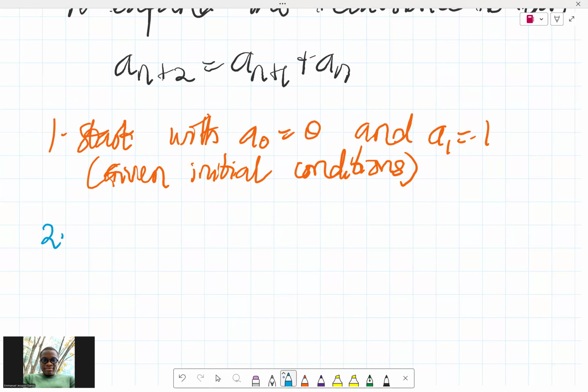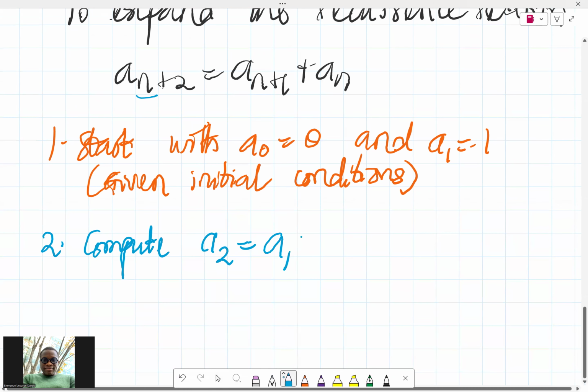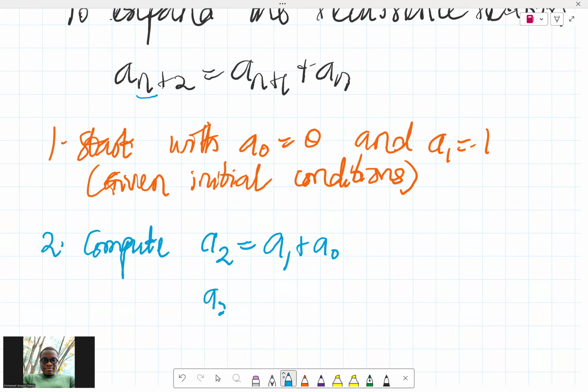In step 2, you compute a2. If n is 0, you have a2 equals a1 plus a naught, which is 1 plus 0, so a2 is equal to 1.